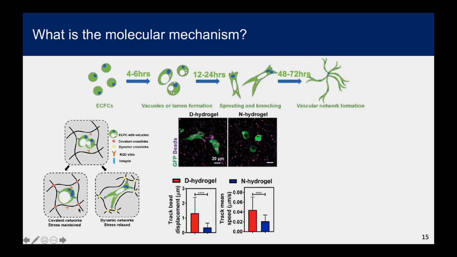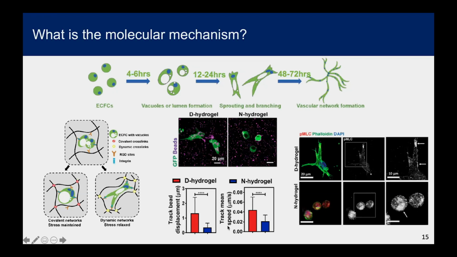Indeed, by encapsulating fluorescent beads and following them with time lapse, we could see that the beads moved further and faster in the dynamic hydrogel compared to the non-dynamic hydrogels.